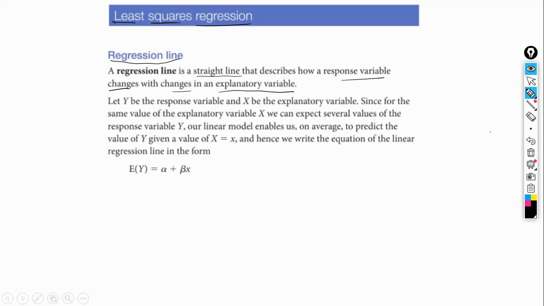So basically, we can come up with a linear function that can represent a regression line, also known as the line of best fit. And it's symbolized with this. This means the expectation for y is equal to alpha plus beta times x. Now in the calculator, you will see it as y is equal to a plus b times x. This is simply a linear function, where this would be the y-intercept, and this would be the slope, or the rate of change for x.